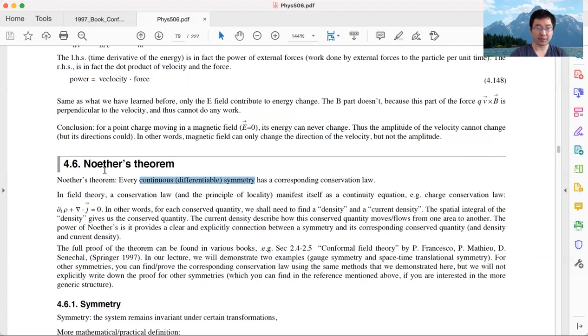So that is Noether's theorem, and this is another very important application of symmetry. Basically, symmetry gives us two things. One is that symmetry tells us what the action looks like. It almost uniquely determines the structure of the action, except for the control parameters, the coefficients. And second, if we know the symmetry, we will be able to figure out how many conserved quantities we have in our system.